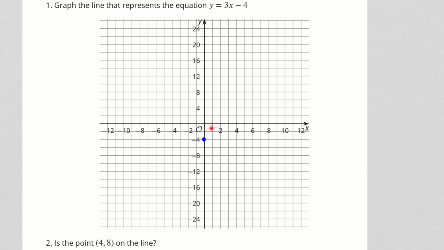So your first point will be in the middle right here. And then go 1, 2, 3, 1. Or you could go 2, 4, 6, 2. So your line is going to look a little bit different because you're not going to be going up 1, 2, 3, 1, because that's going to give you a different slope.